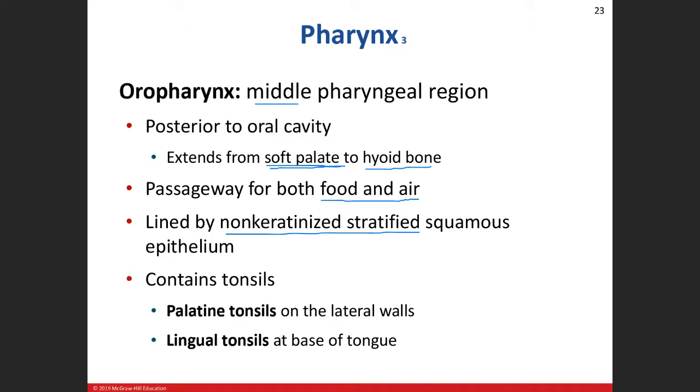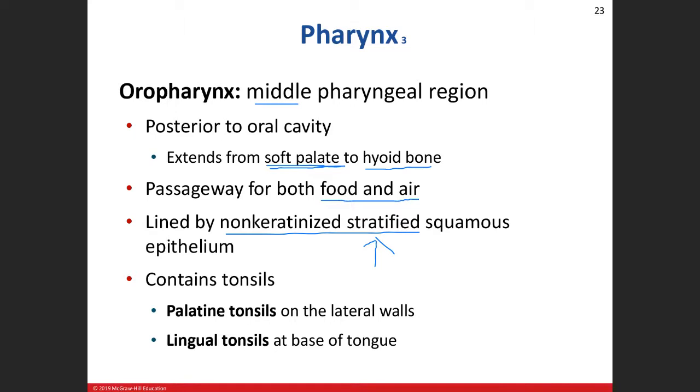Because it's a shared region for food, air, and liquids, we line it with non-keratinized stratified squamous epithelium. When you're swallowing, you're going to be scraping off the outer layers through friction between the food and the tissue, so it's best to have as many layers as possible.